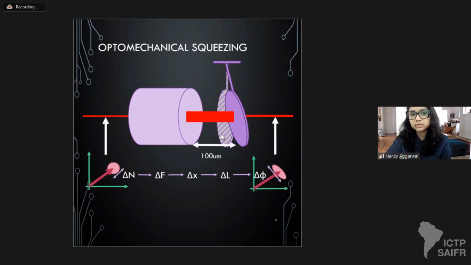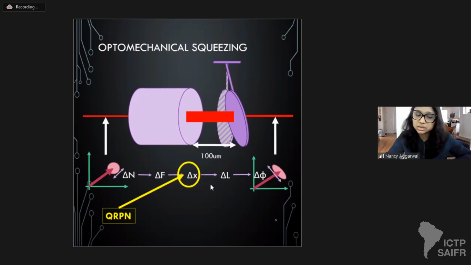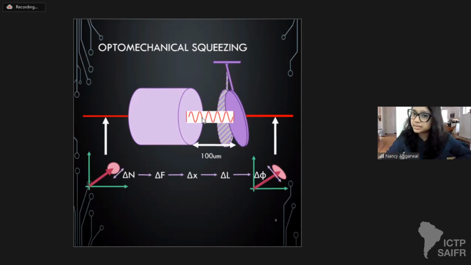Now, that changes the length of the cavity, and the light inside the cavity, this delta X is the displacement. That's the quantum radiation pressure noise, in fact, that limits LIGO at low frequencies. So once you change the cavity length, the light inside the cavity is a standing wave, so that actually changes the phase of the light as well.